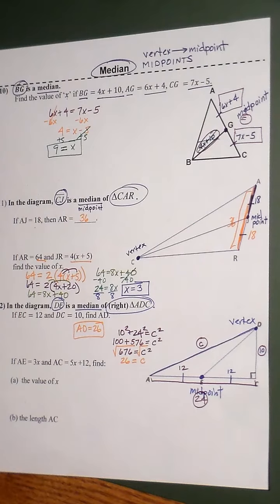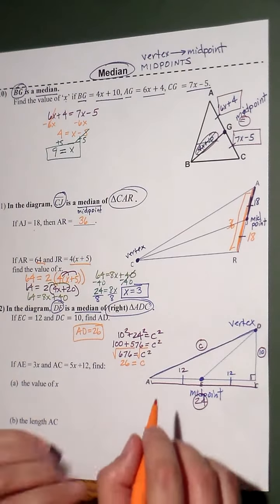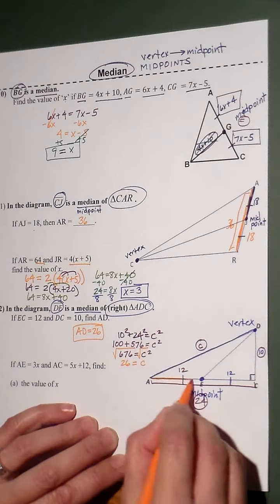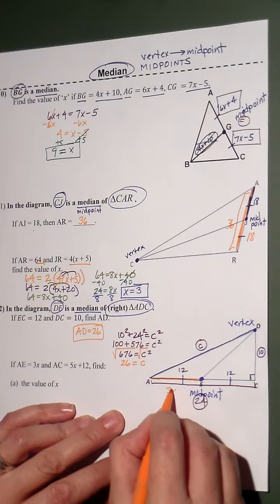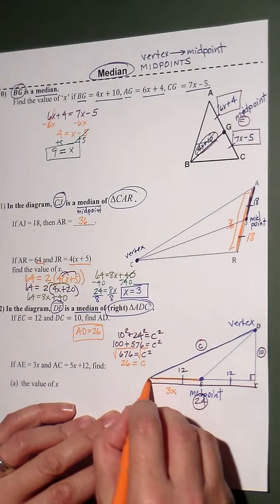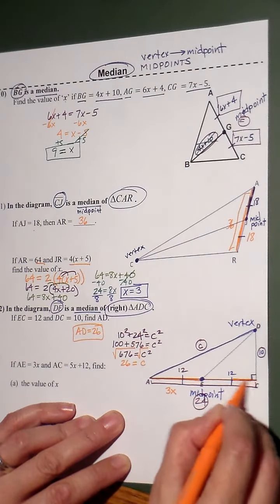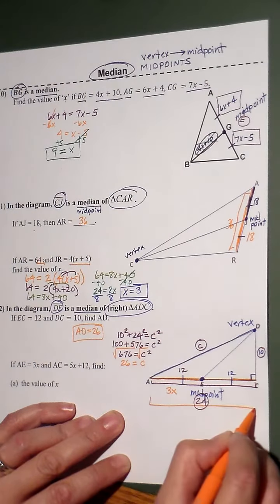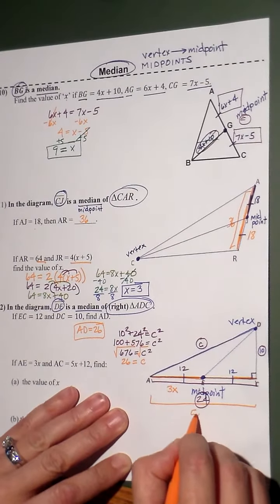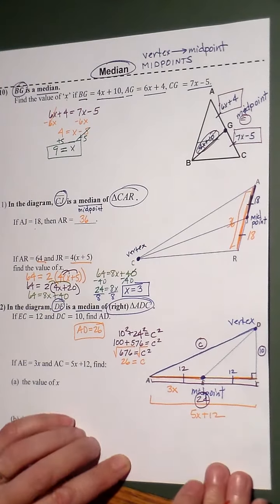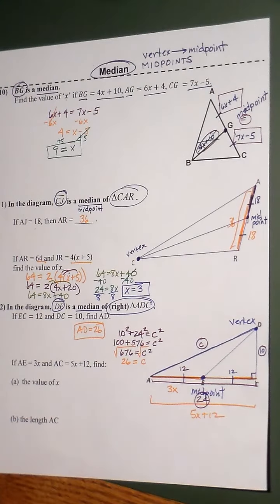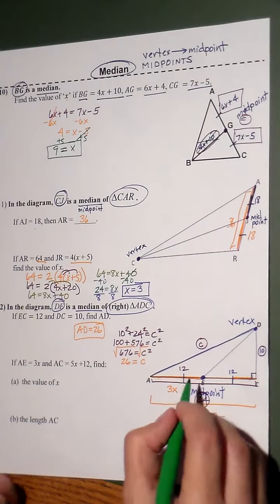So for the last one, now we're going to use a different color here, if AE is equal to 3x and AC is equal to 5x plus 12, find x. Well, what do you know? Since it's a median, you know E is a midpoint, right?